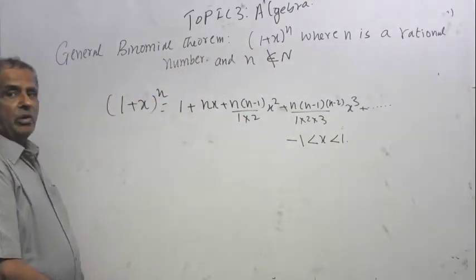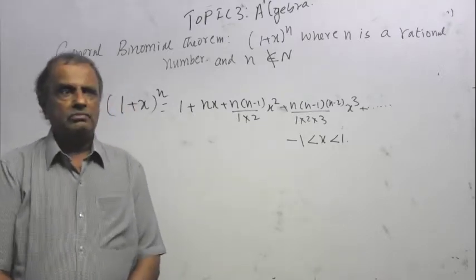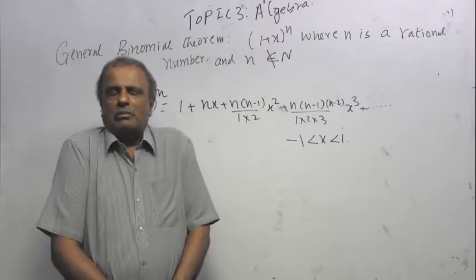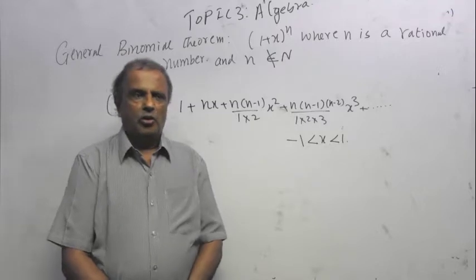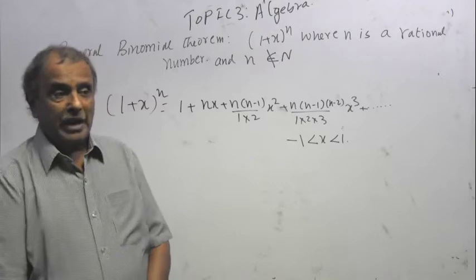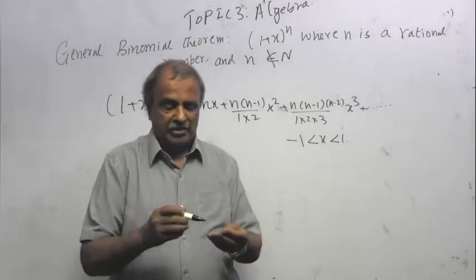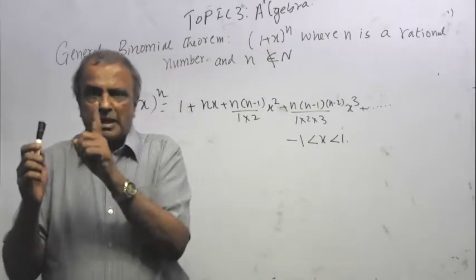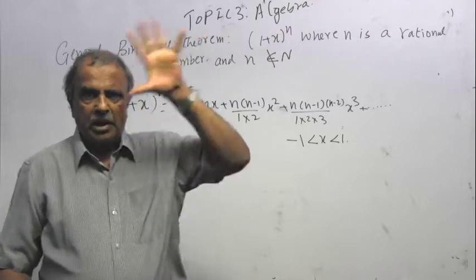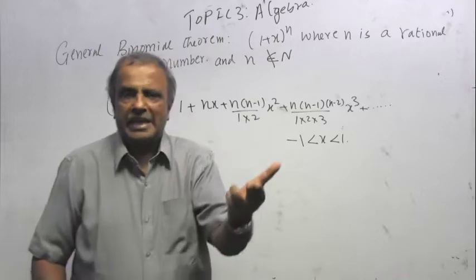We don't use nC1, nC2 here because suppose n is -2. 5C1 means the number of ways in which you pick one thing out of 5 things. Or 5C3 means arranging 3 things in a row without repetition out of 5 things, picking 3 at a time.